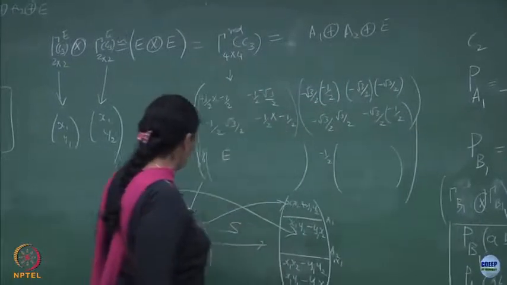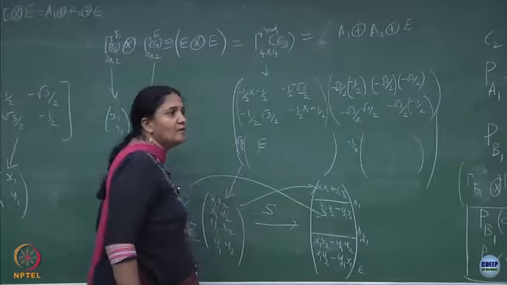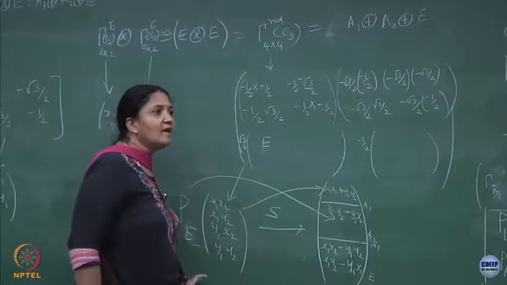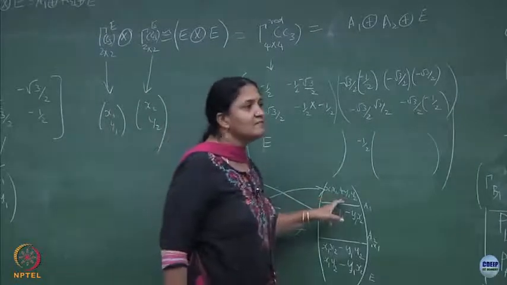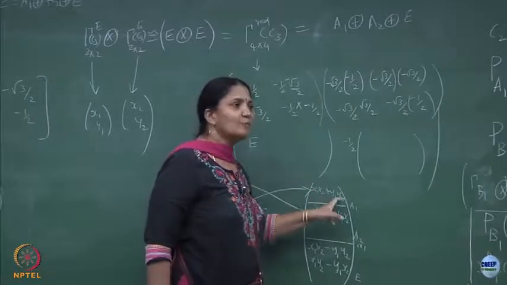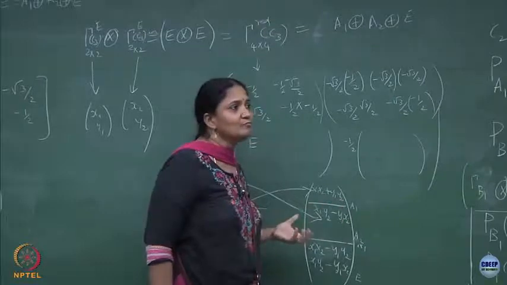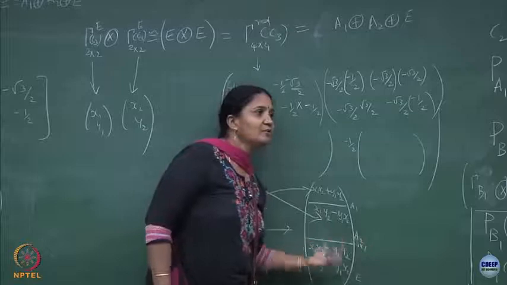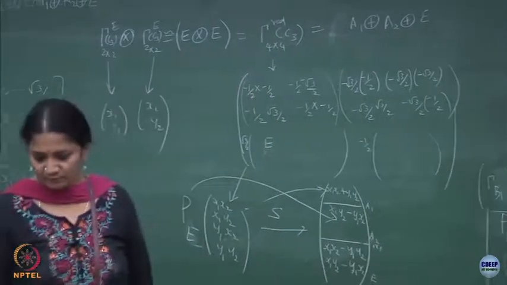You should also check that the projection operator PA1 when it operates on an arbitrary alpha, beta, gamma, delta, gives you only this subspace whose basis is going to be given by x1, x2 plus y1, y2, or I call it I1, I2 plus j1, j2. And you can check PA2 will give you this and PE will give you this.